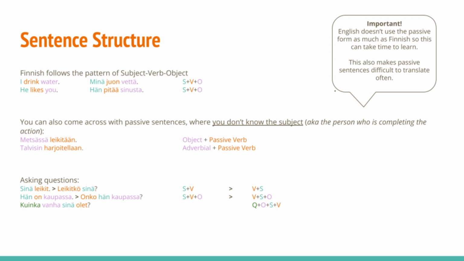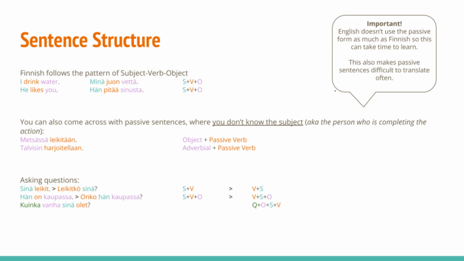There's the action of playing happening and you know where it is happening, but you don't know who the people are who are playing within the forest. And also the second sentence, talvisin harjoitellaan. It means kind of like practicing happens during winter, but you don't know who is practicing. We just know that someone is practicing during winter. The practice is happening during that time.